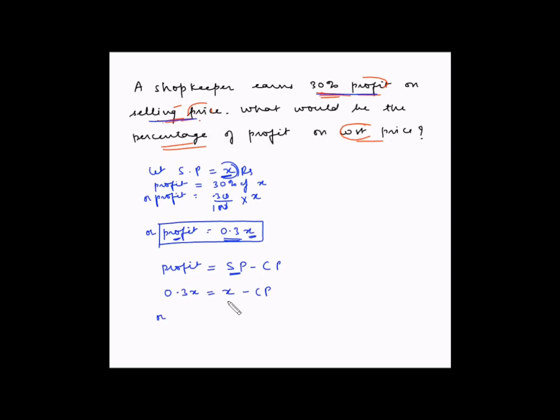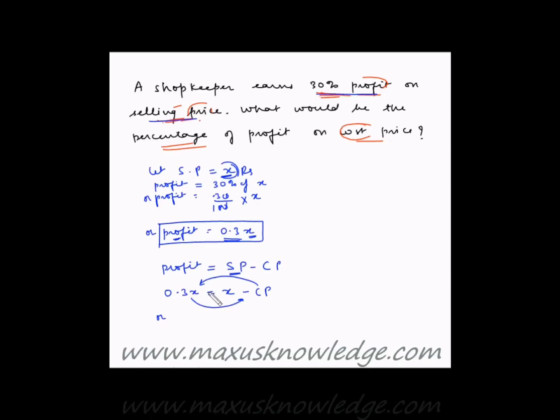So let's bring the cost price on the left hand side and 0.3x on the right hand side. So we'll have to change the sign in front of each of these terms. CP has a negative sign, so when we bring it to the other side it becomes positive.